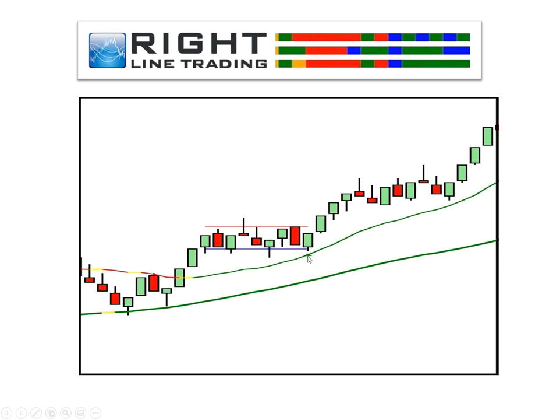Now, you're not always going to get the signal, and you don't need it to take a trade. But if you want to even drop your risk lower, you can wait for the signal to appear, and you're going to get in a candle early. If the signal didn't appear, here's your break on this candle, and your move up.